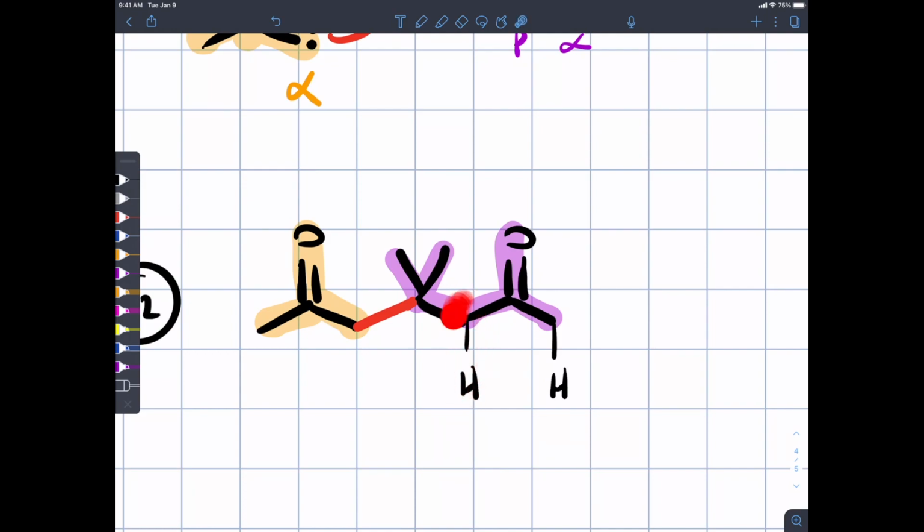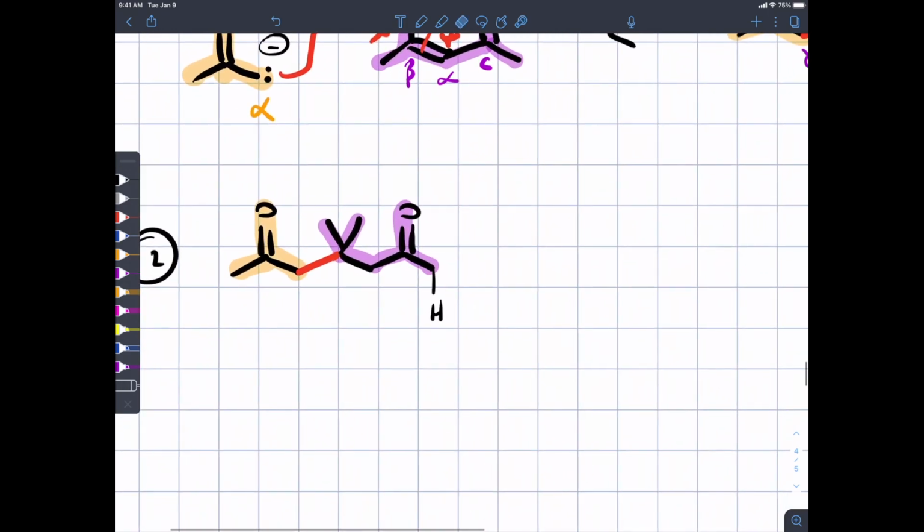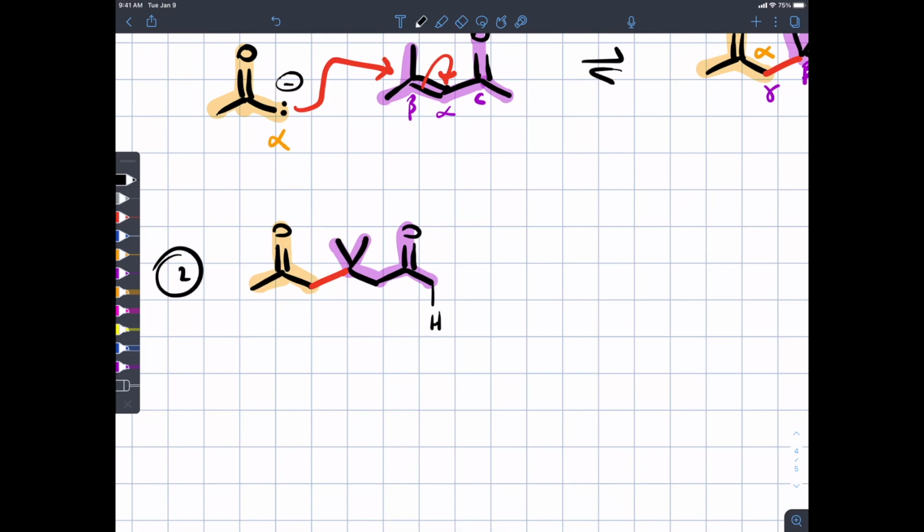If we made an enolate at this more substituted alpha carbon, that cyclization reaction would involve a 1, 2, 3, 4-membered ring, whereas if we make this less substituted enolate, the cyclization reaction would involve a 1, 2, 3, 4, 5, 6-membered ring. So it's actually way better for us to remove the alpha proton.